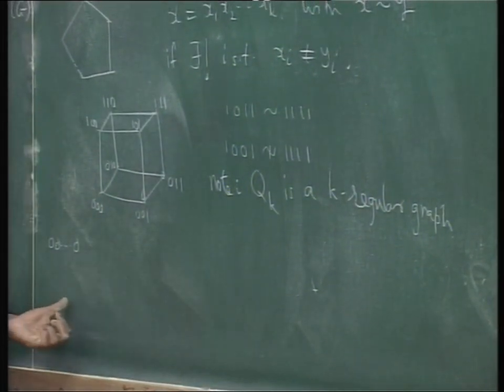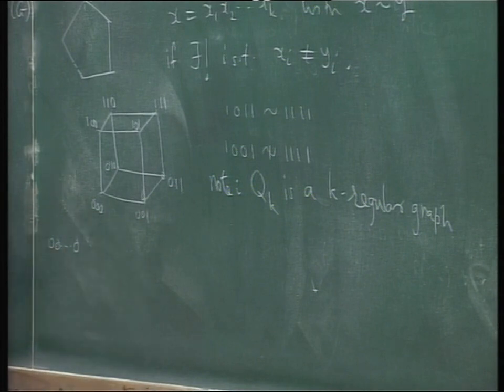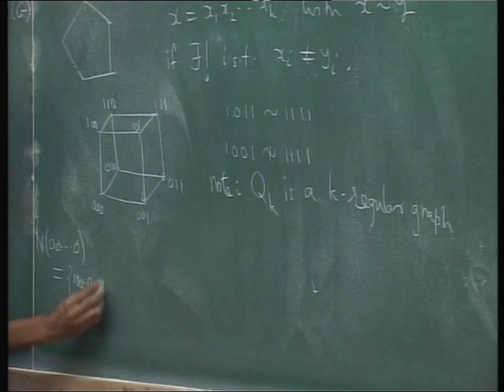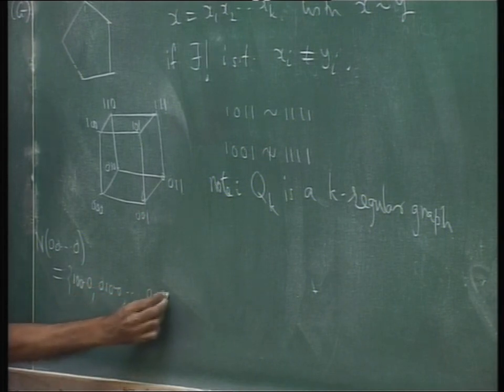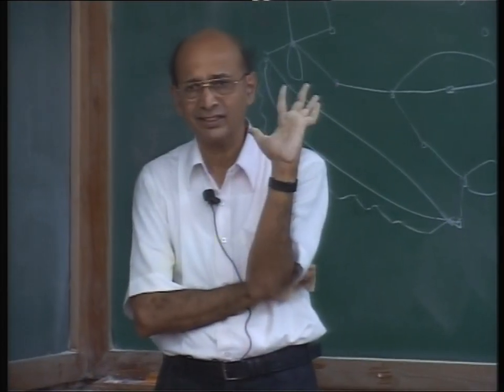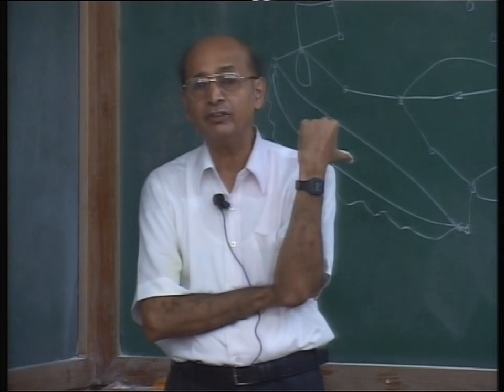So I can keep changing one coordinate at a time, and those will be all the adjacencies. So the neighborhood of this consists of 1, 0, 0, 0, 0, 1, 0, 0, and so on. What is true for 0, 0, 0, 0 can really be done at any vertex. There is nothing special. It's just convenience.